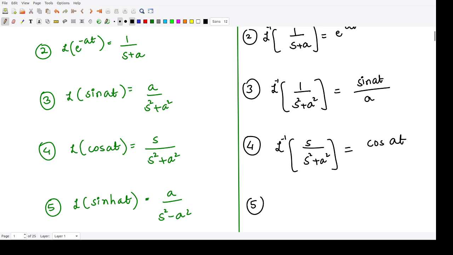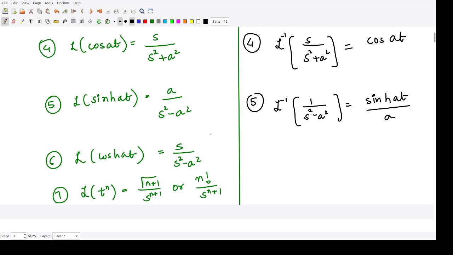And for the next formula, we would have the Laplace inverse of 1 divided by s square minus a square, that is equal to sin hyperbolic at divided by a. And then the Laplace inverse of s divided by s square minus a square is equal to cos hyperbolic at.